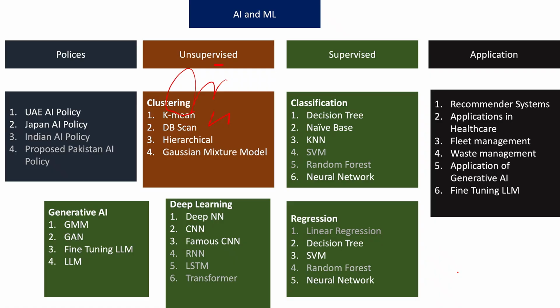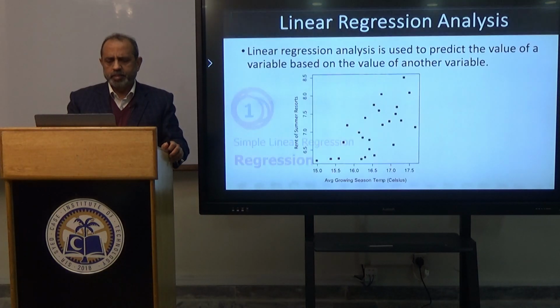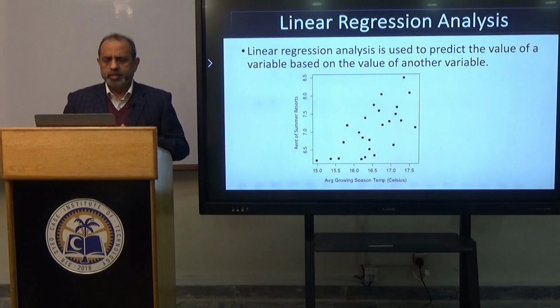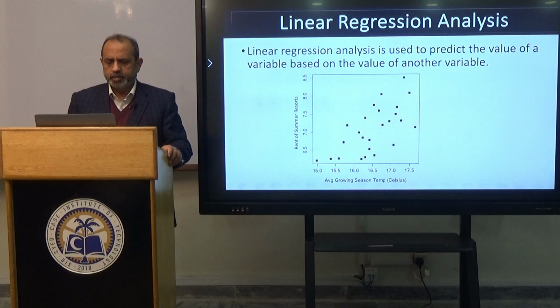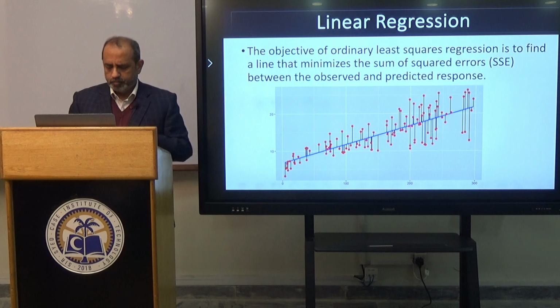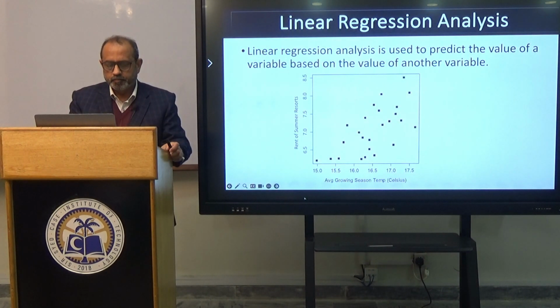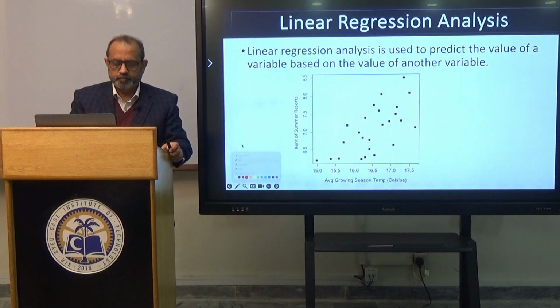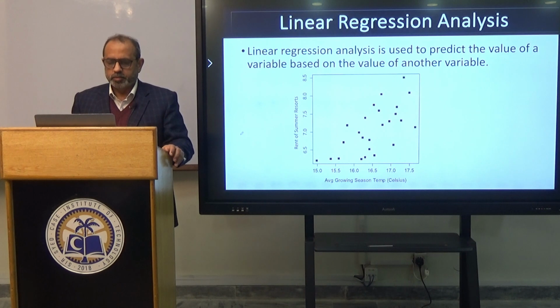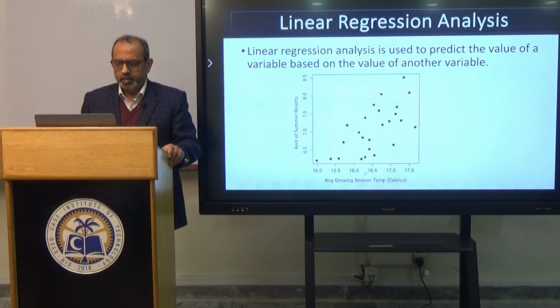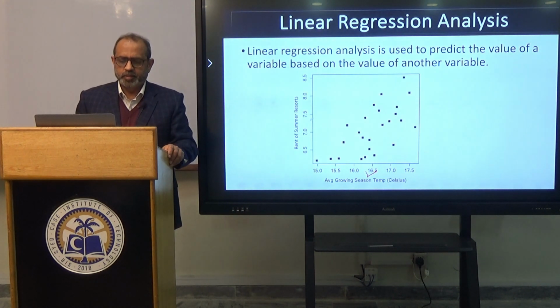So today is where we are going to learn regression. So simple linear regression, usually once you see data, here is an example of data, which is average growing seasonal temperature and the rent of summer resorts.